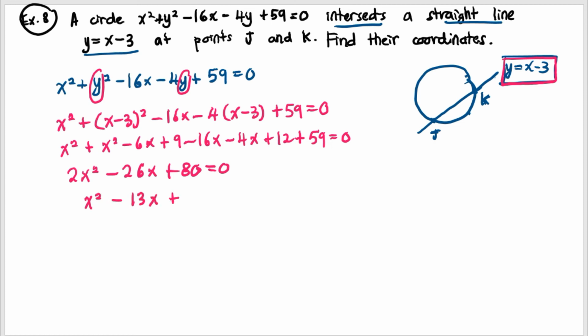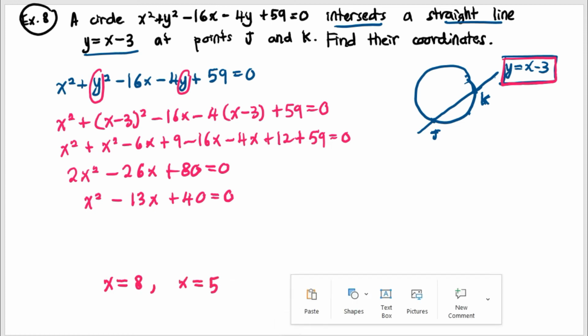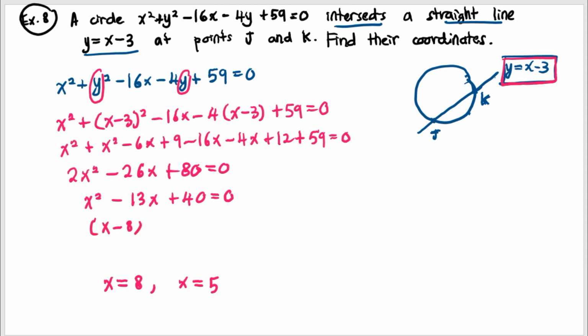We'll get x² − 13x + 40 = 0. Here the value for a is 1, b is −13, and c is 40. Therefore x can be 8, and another one can be 5. So this can be factorized as (x − 8)(x − 5) = 0, so x − 8 = 0 and x − 5 = 0.